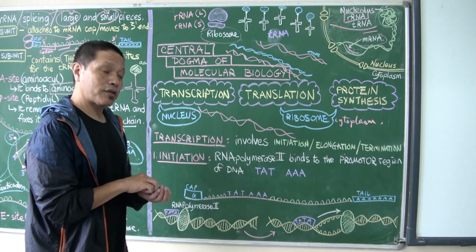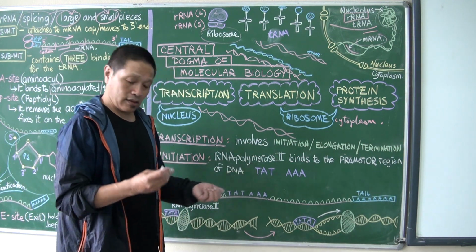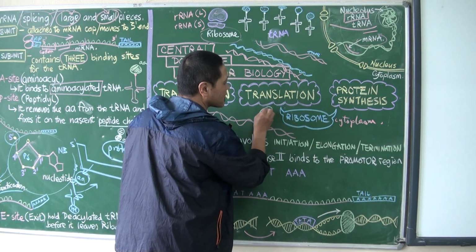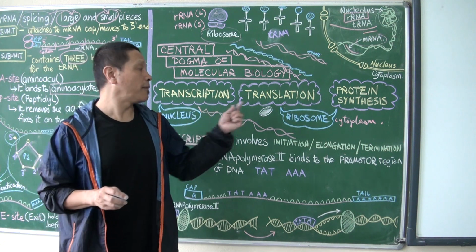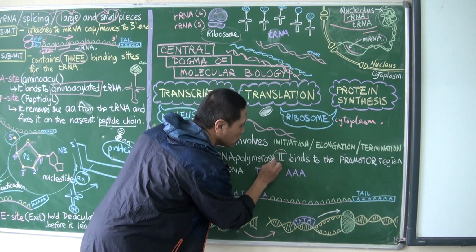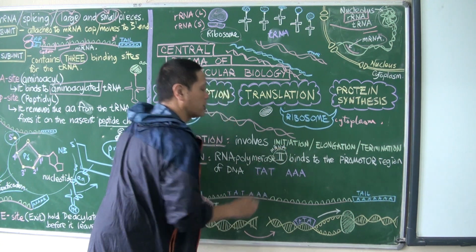What this sentence is saying is RNA polymerase. Now, RNA polymerase is an enzyme that actually helps form mRNA. RNA polymerase II forms messenger RNA.